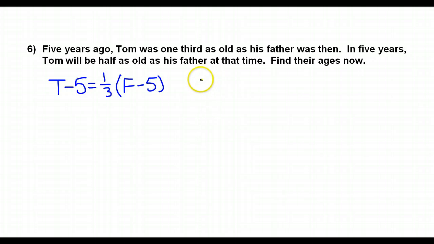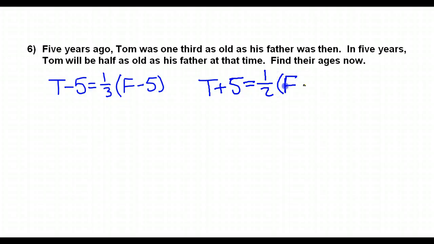So then, in 5 years, Tom will be half as old as his father is at the time, so T plus 5 will have to equal half of F plus 5. Okay, so that's your two equations.